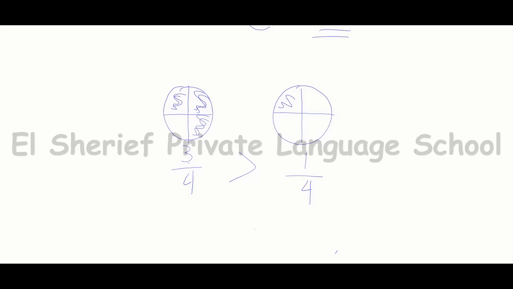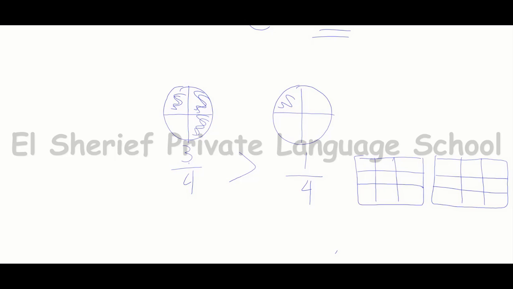Another example. If we have a rectangle and I divided it into 6 equal parts, and this is also a rectangle, the same rectangle, and I divided it also into 6 equal parts. But here I just colored one, two, three, four, 5.